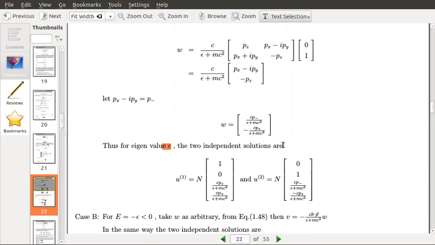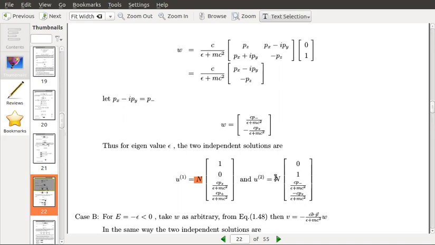The two independent solutions: when you took 1, 0 as V, these two were W. When you took 0 and 1, these two were the solutions W. Then you put a normalization factor along with that. Each component you can normalize; later you can find the normalization factor.